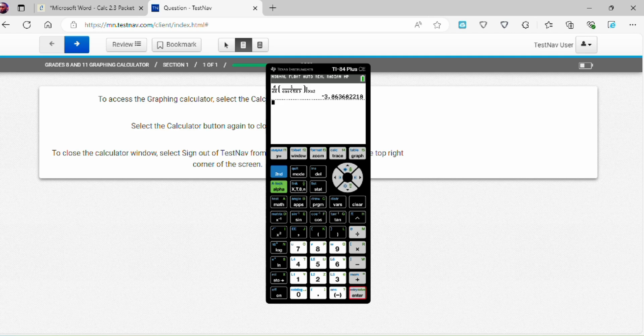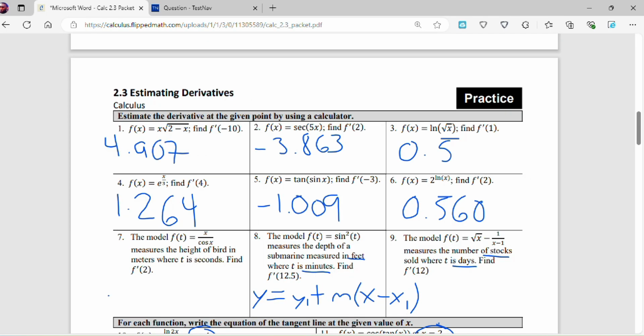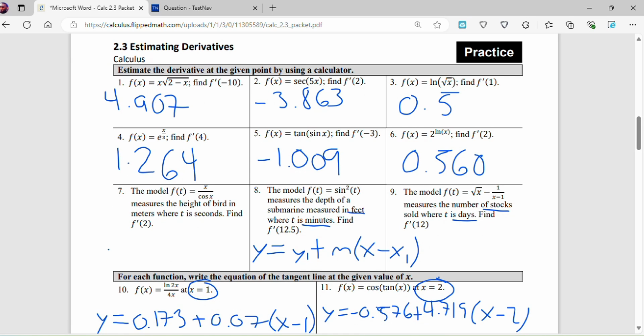If you said negative 3.863, you would be correct. If you round it, what would be your answer? You would get negative 3.864. Either is acceptable. There's no wrong answer between those two. Remember, truncate stops after the third value after the decimal, and rounding up or down at the third decimal is also acceptable.